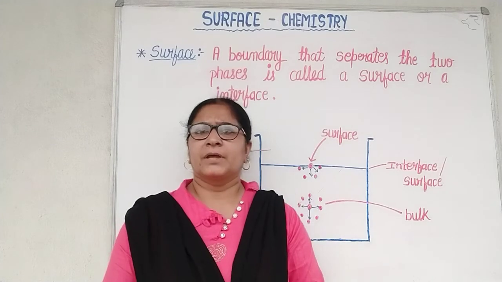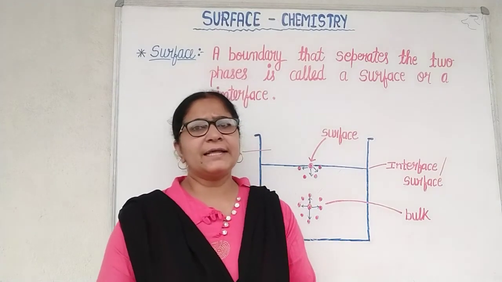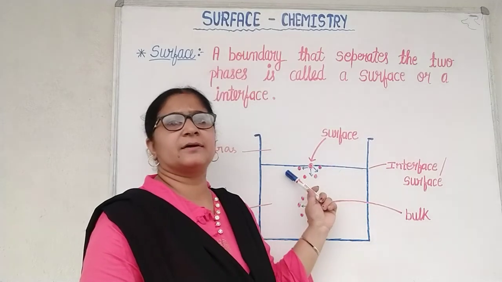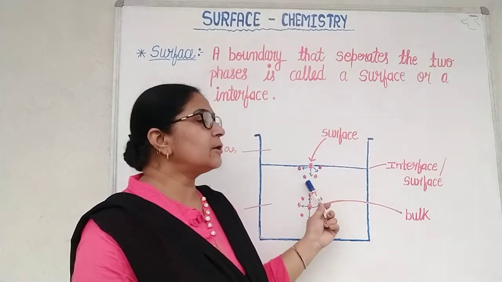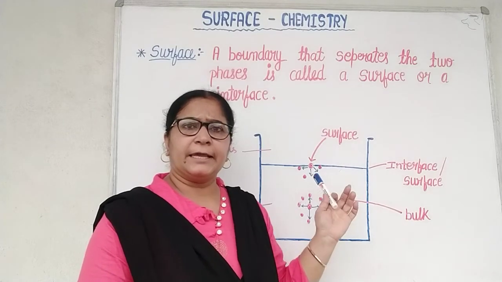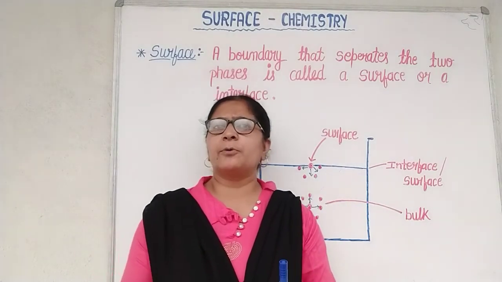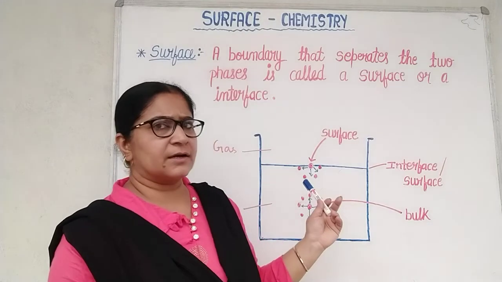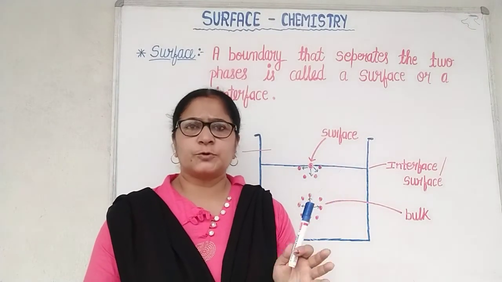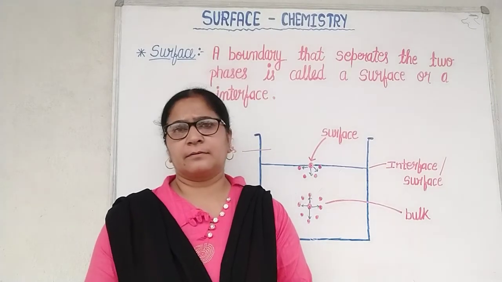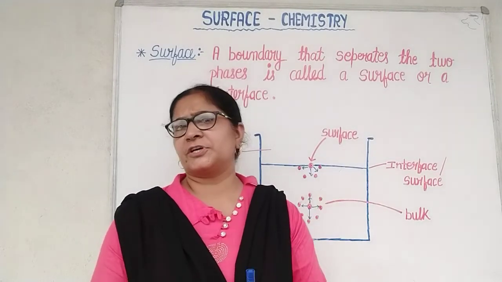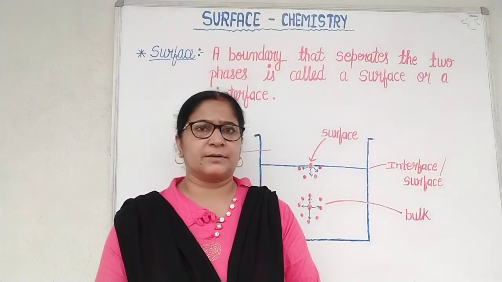But here, only the side particles as well as the lower part of the surface particle are surrounded by particles, while the upper is not. So that's the reason an unbalanced force is being observed on the surface particle.